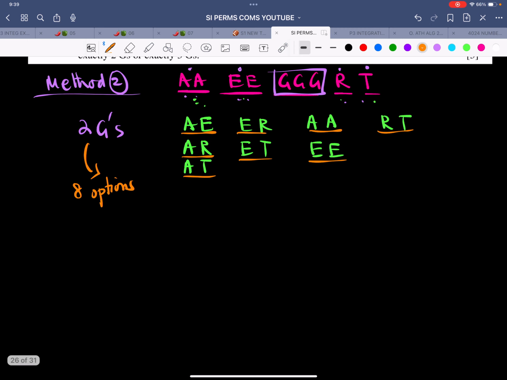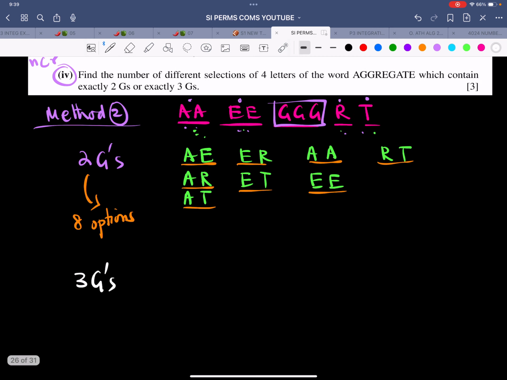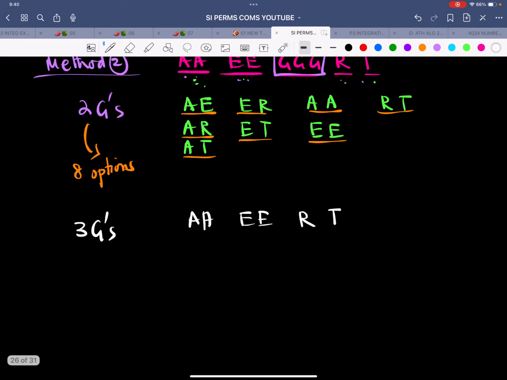What about there are 3 G's? If there are 3 G's, that means I have which ones? I have a double A, I have double E, I have R, and then I have T. So now, since 3 G's are there, I just need one more letter. And of course, that was obvious in the above.